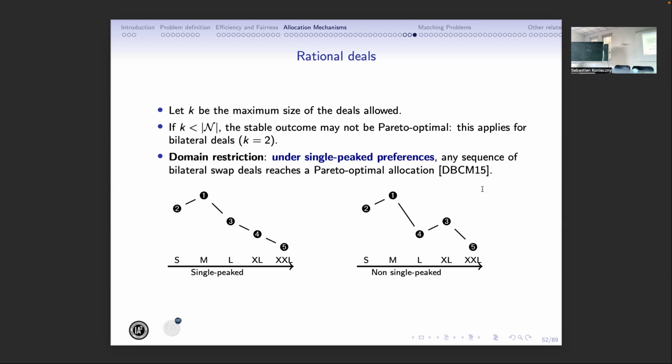And if we return to our problem of the size of the exchange in the distributed setting to guarantee Pareto optimality, we can demonstrate that under single-peaked preferences, bilateral exchange guarantees Pareto optimal allocation.